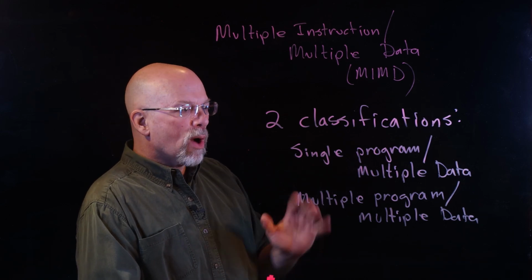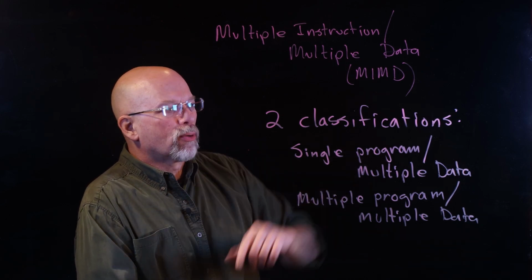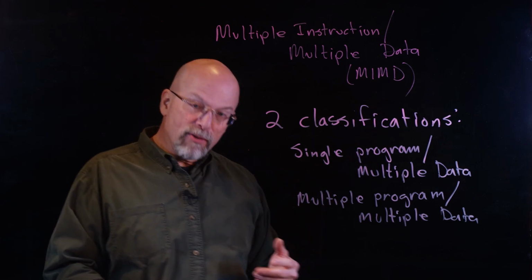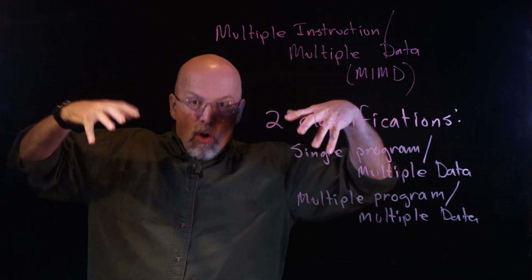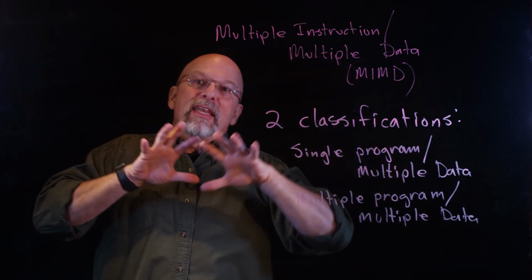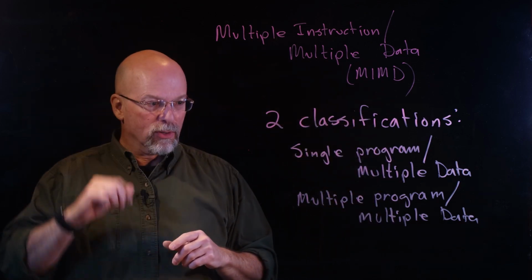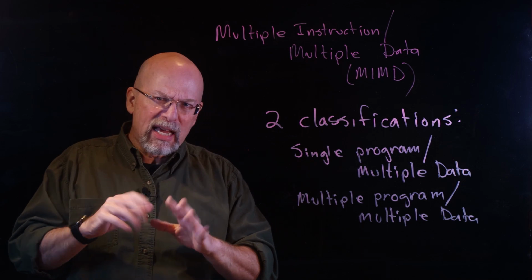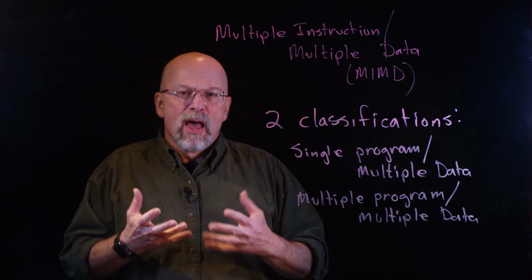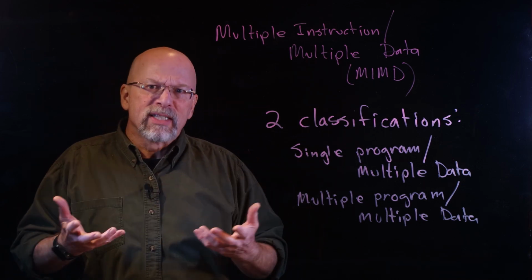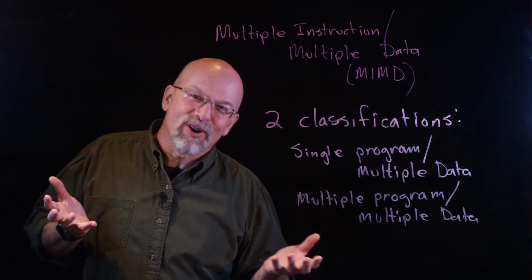With single program, multiple data, what you've got is one overall program that is assigning code to be executed by multiple processing units. We'll talk a little bit more in detail about that when I give you some examples. But think of it as we've got one task to do, a search for extraterrestrial life.